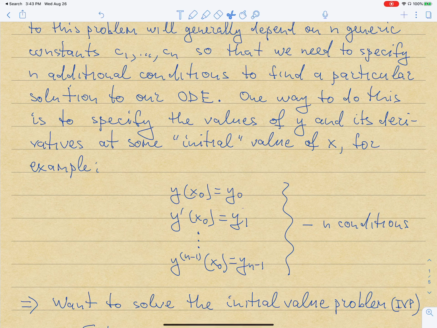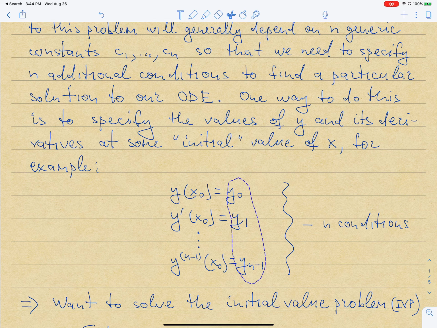Then, in addition to that, you can prescribe the slope of y at x0, and let's call it y1. That's two conditions. And if I keep going like this, I can prescribe the second derivative, third derivative, and so on, up until I hit the n minus first derivative. And I can specify that as well by setting this to be some number yn minus 1. So these numbers from y0 to yn minus 1 have to be specified as conditions of my problem.